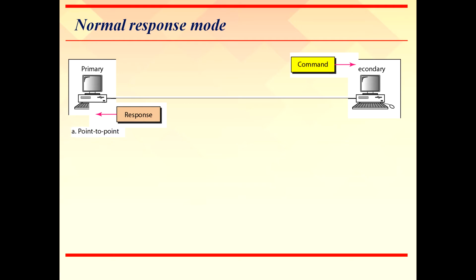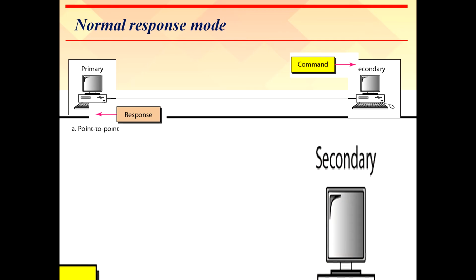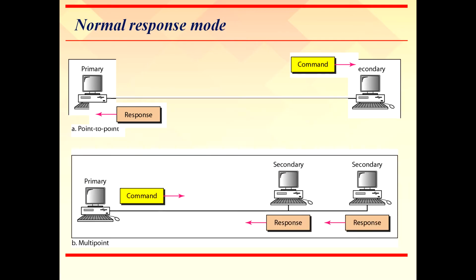That is the point-to-point link. Coming to the multi-point link, one is the primary station and all the remaining stations are secondary stations. The primary station always sends the commands to the secondary stations, and the secondary stations give the particular responses to the primary station. That is the multi-point link.